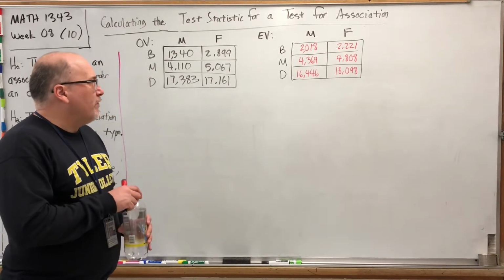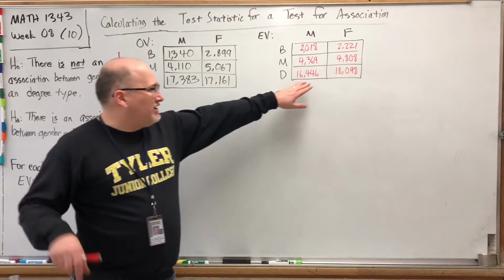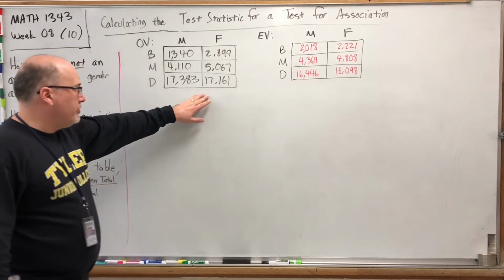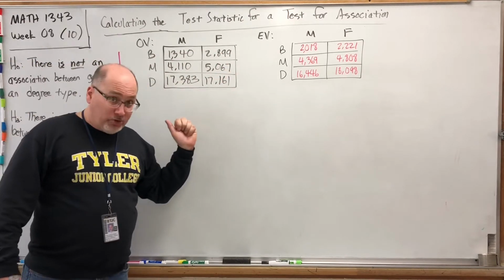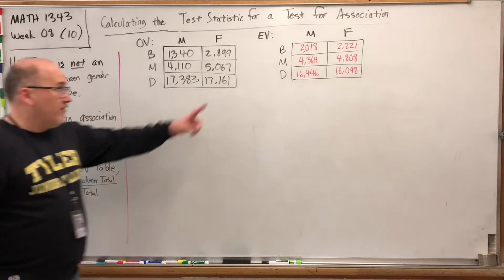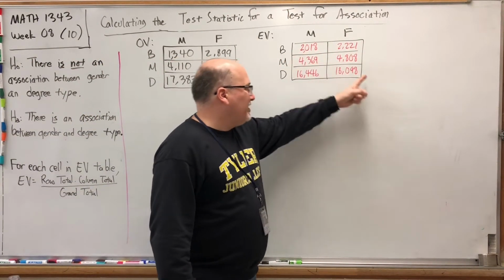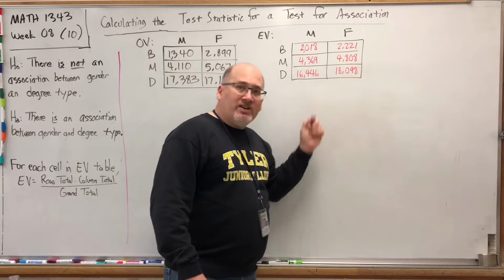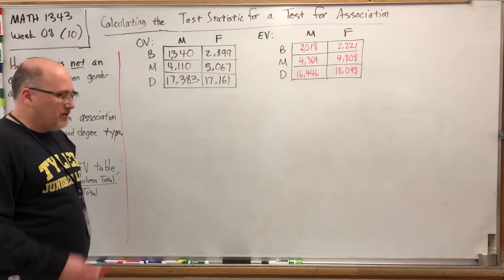And in the previous video, we eventually figured out how to calculate our expected values based on our observed values using the column and row and grand totals from the observed values and this formula for calculating the expected value for each cell by multiplying for a given cell the row total times the column total divided by the grand total, none of which totals are written here. I've simply copied the observed values and expected values.